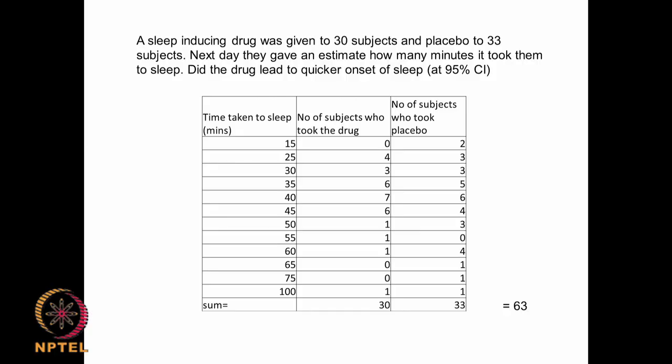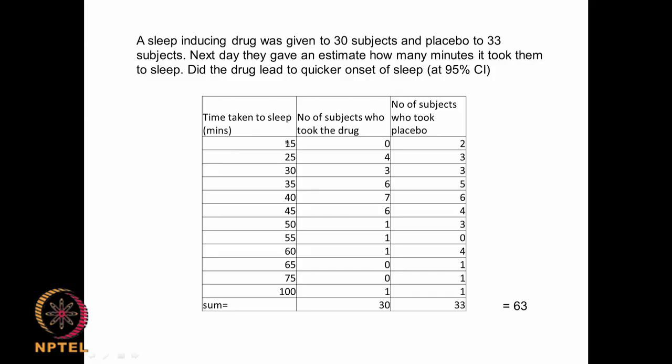So, a sleep inducing drug was given to 30 subjects, and at the same time a placebo was given to 33 subjects, you have it here actually. And the time taken for them to get into sleep was monitored.